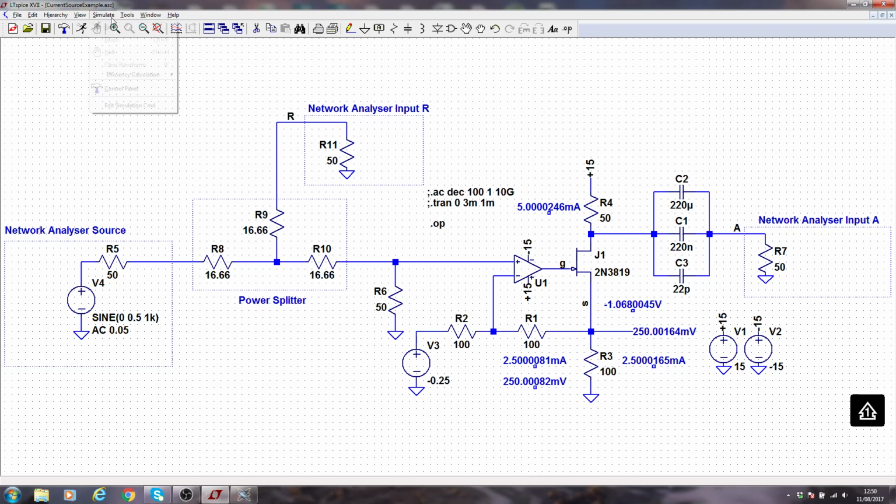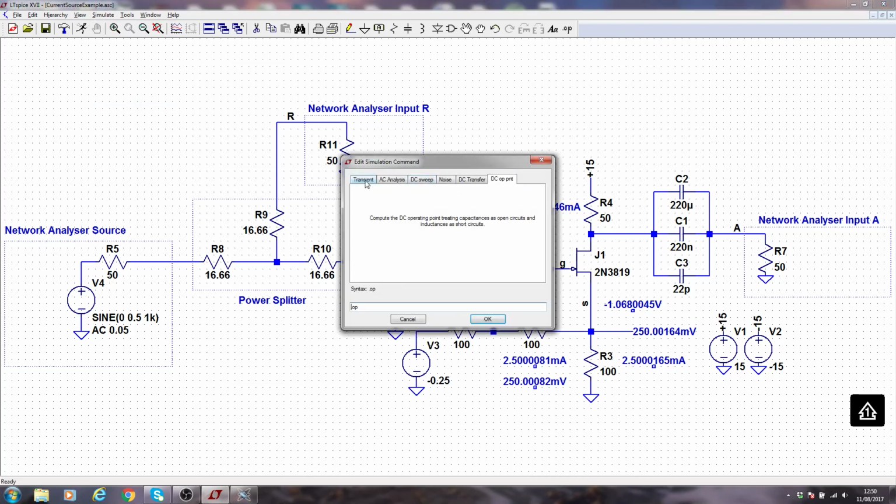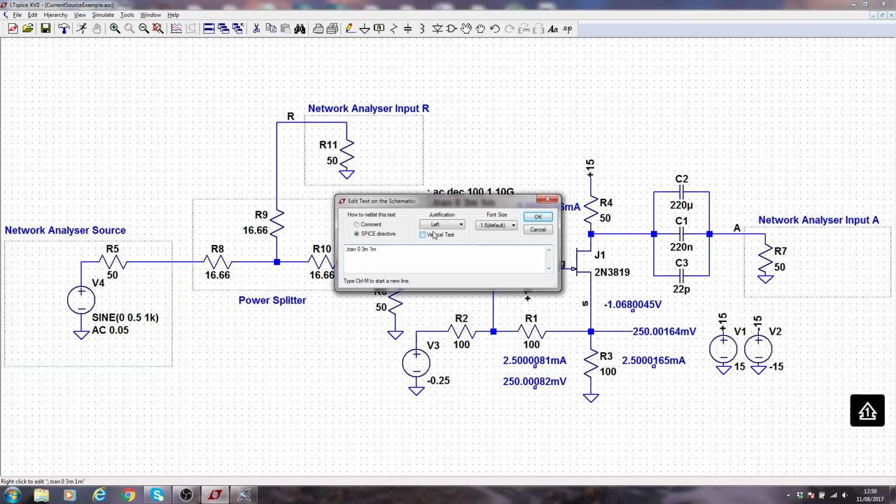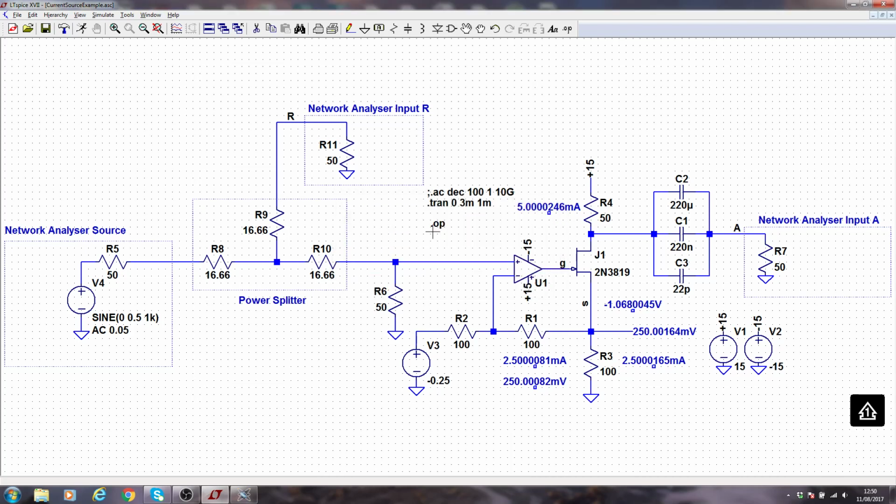So I can go into the simulation and edit the simulation command. There's nothing there, damn. I right click that then, a bit easier. Delete that semicolon, so I've got .tran, start at 0, end at 3, start saving the data at the first millisecond. The little m is milli.